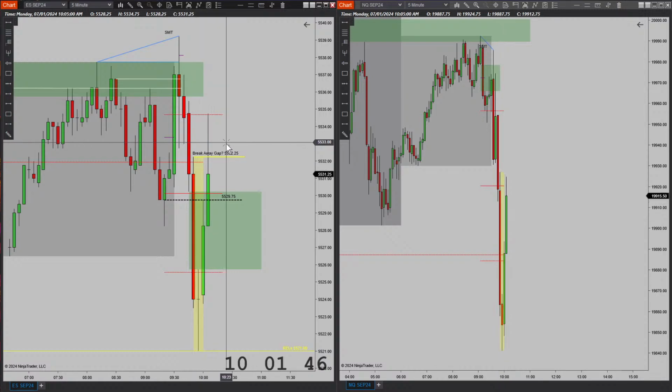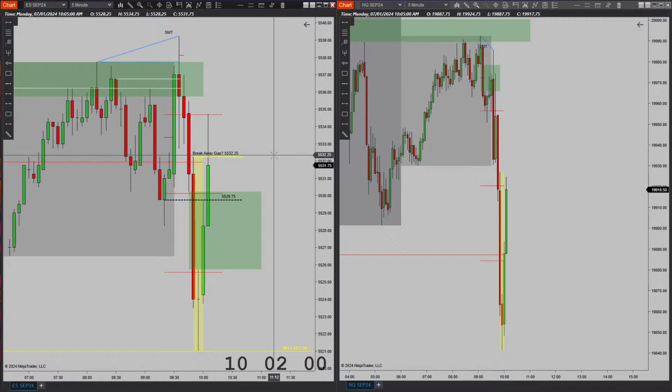But I am sure traders who are familiar with the breakaway gap concept are short here with the stop up here.